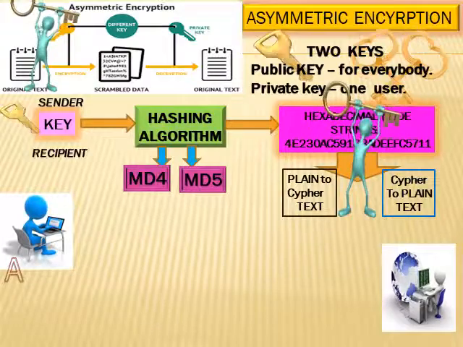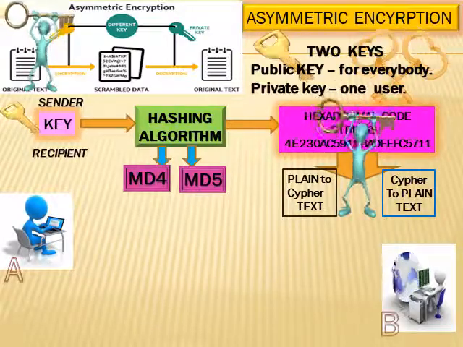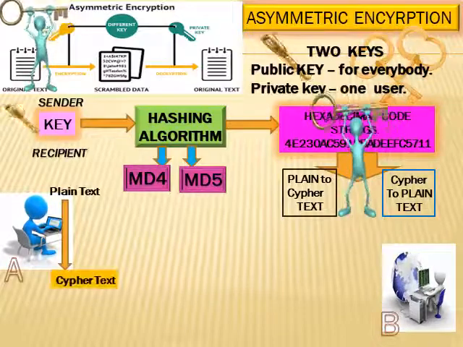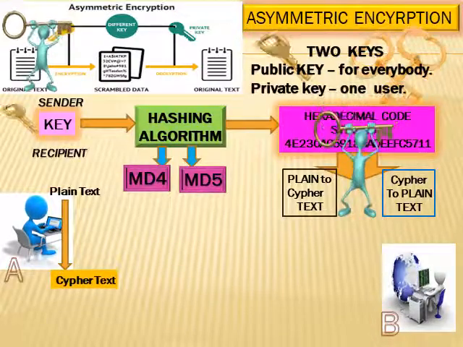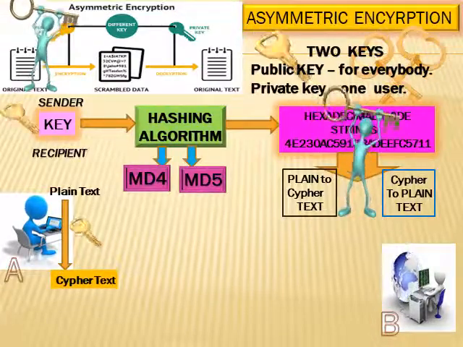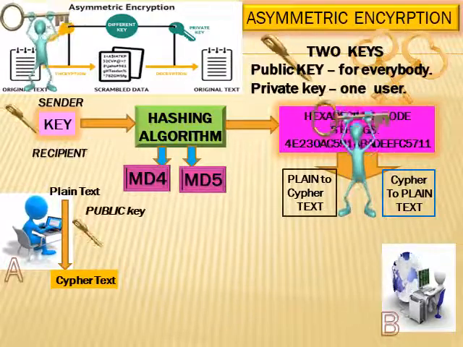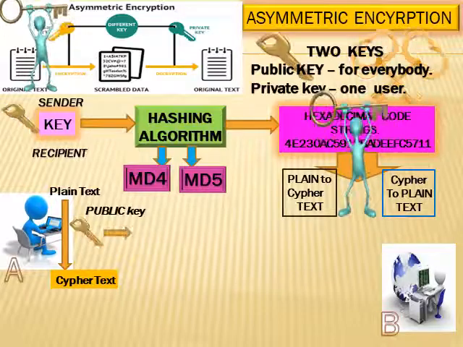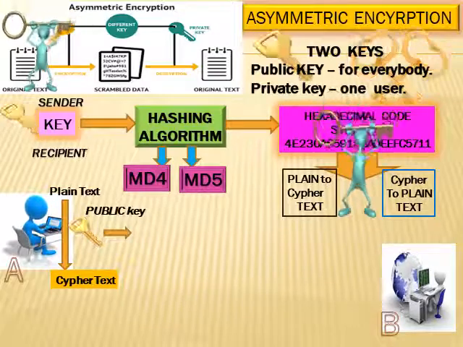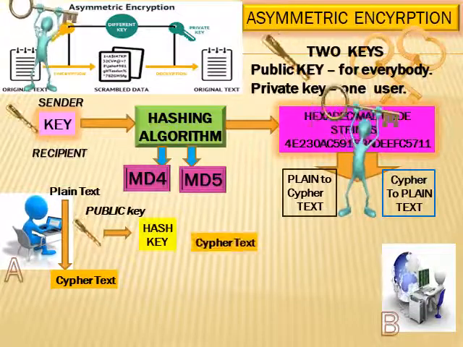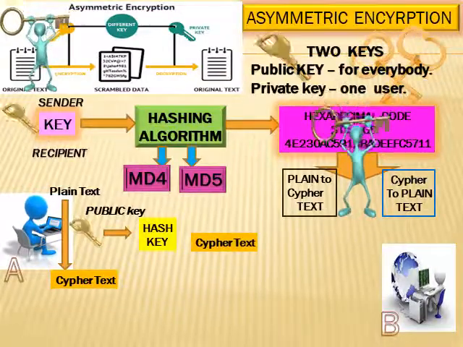Step 1. User A has a plain text. User A will encrypt it using a symmetric private key. Step 2. User A then will encrypt that symmetric key using the public key, which is known to both user A and user B. Step 3. User A will start sending both the ciphertext and the hashed cipher key.